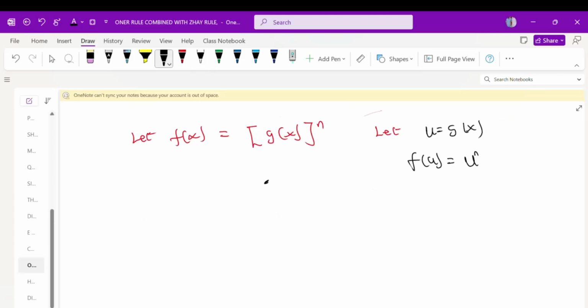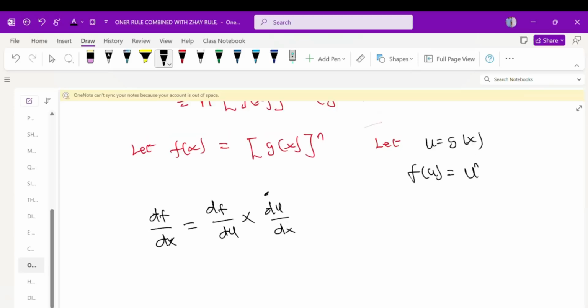Now from the chain rule, df dx equals df du multiplying du dx. Let's find df du. So here you're having u exponent n, so you have to apply the power rule. So n comes in front here, then we write u, and we subtract 1 from the exponent. Okay. So this is the power rule.